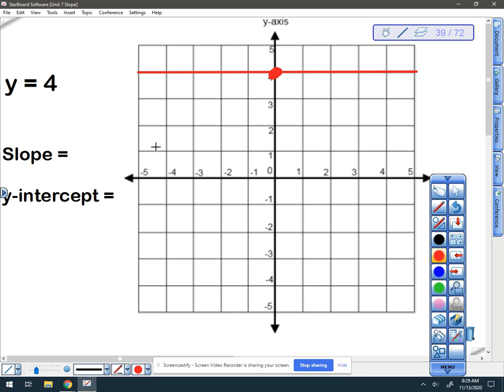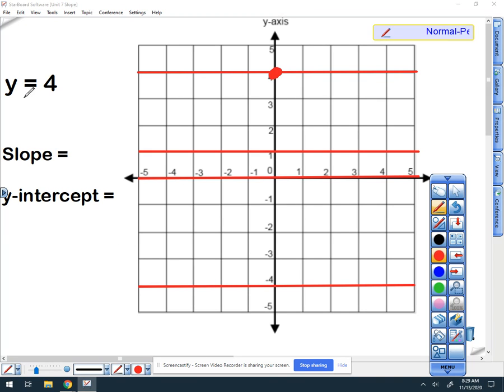If it was y equals 1, it would be a line that crosses at 1 on the y-axis. If it was y equals 0, it would be a horizontal line that crosses at 0 on the y-axis. If it was y equals -4, it would be a line that crosses at -4 on the y-axis. So if you have just a plain y equals a number, it makes a horizontal line.